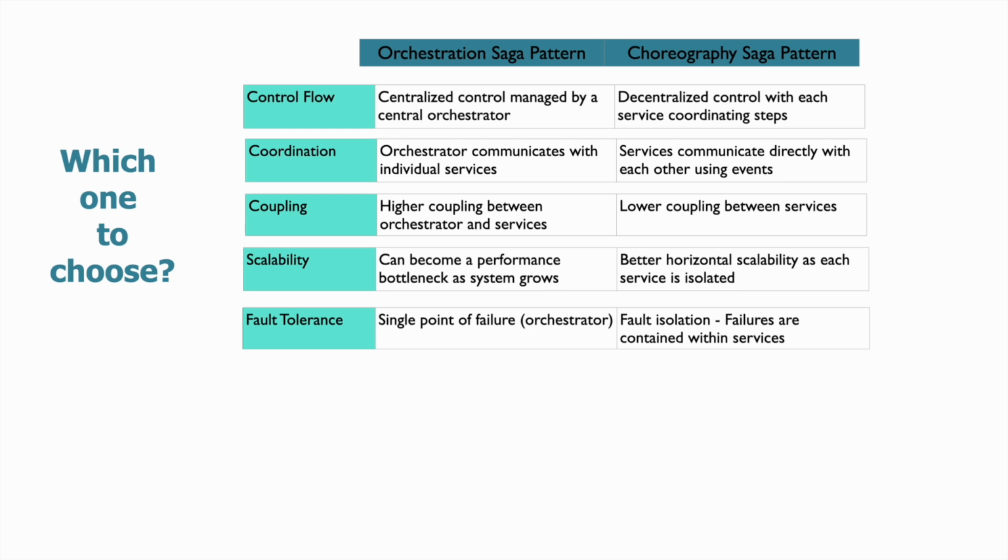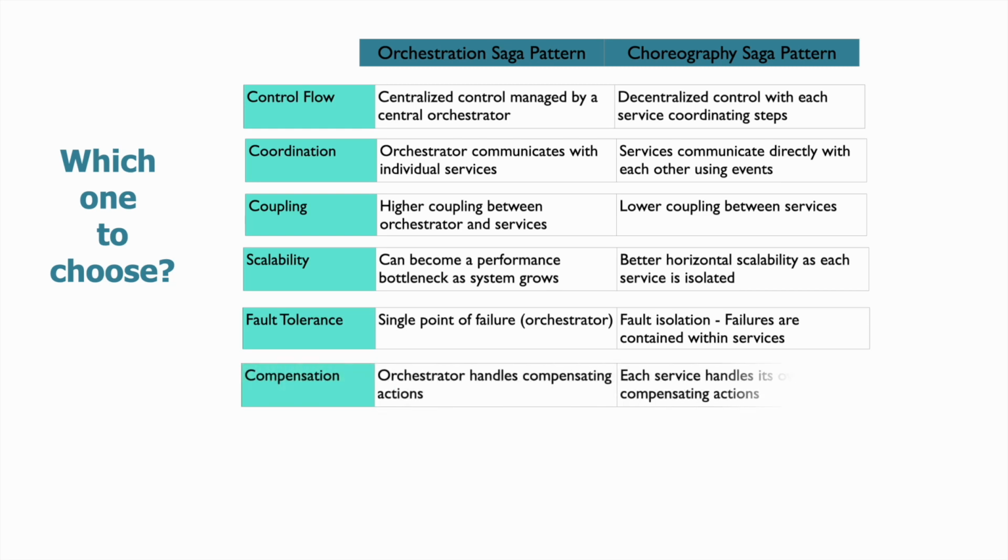Fault tolerance. Again, in the orchestration pattern, the orchestrator becomes a single point of failure. So that can be one trade-off to choose from. However, in choreography, it's more fault tolerant. It's isolated. If one service fails, that is the only service that fails. The orchestrator handles the compensating transactions in the first one.